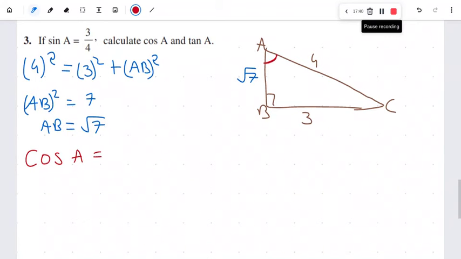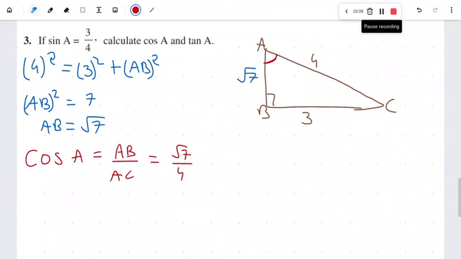We know that cos is nothing but adjacent side divided by hypotenuse. Adjacent is AB divided by hypotenuse AC. That gives us root 7 by 4, isn't it?